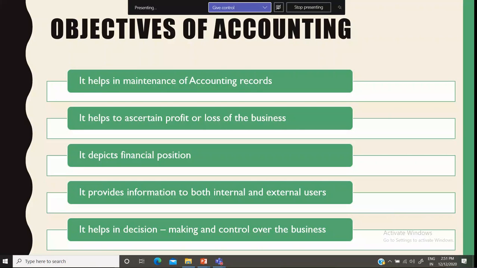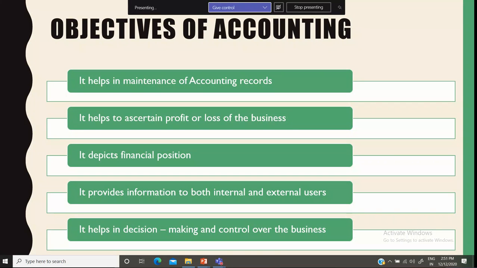Or if you are in an insolvent position, if you go for bankruptcy, or you are running at a loss, or you are not capable enough to pay your debt or loan, your assets are not that much worth, everything is known to the stakeholders with the help of financial statements.